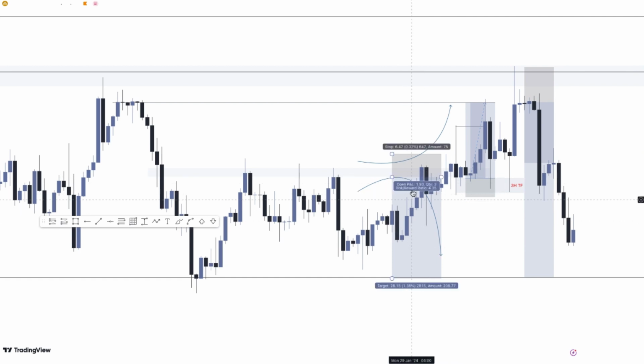So what happened, I entered this trade and it was around 150 pips, 130 pips. Then I was stopped out because I kept holding this trade. I was even showing you all on my Insta story, showing what I'm expecting and all that.